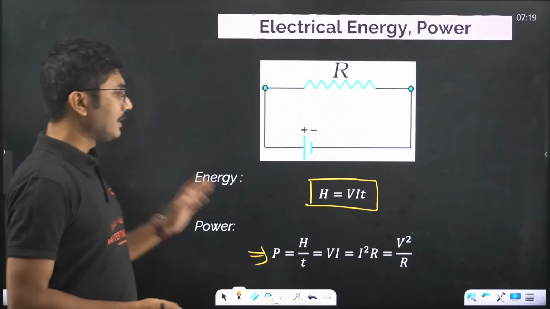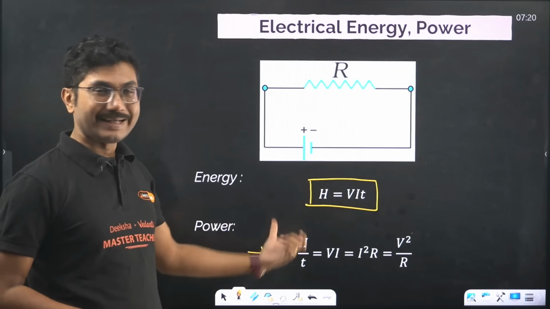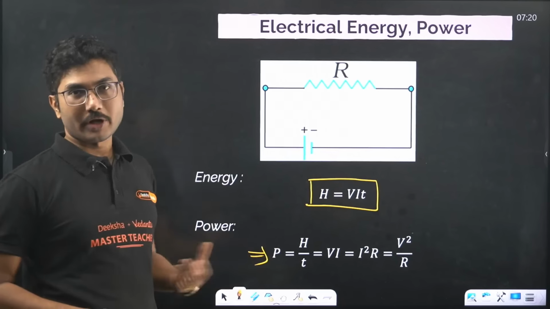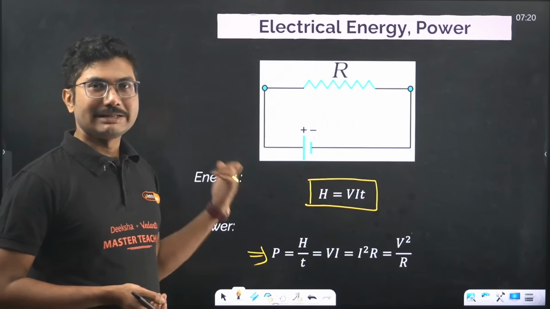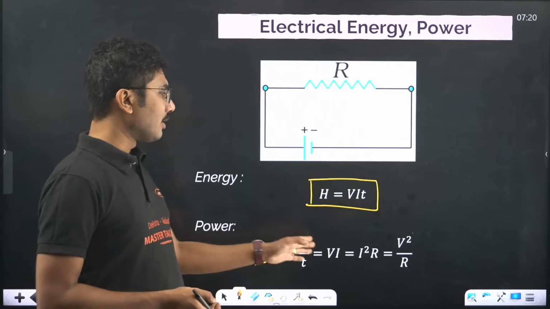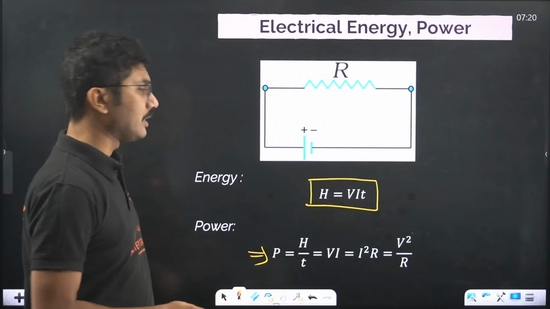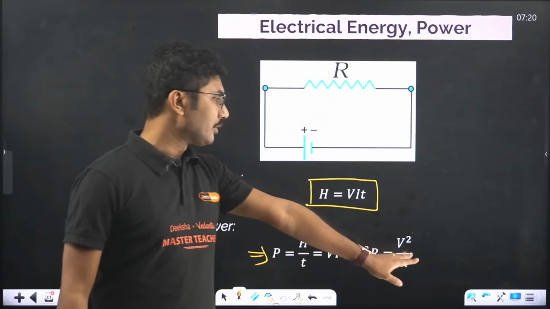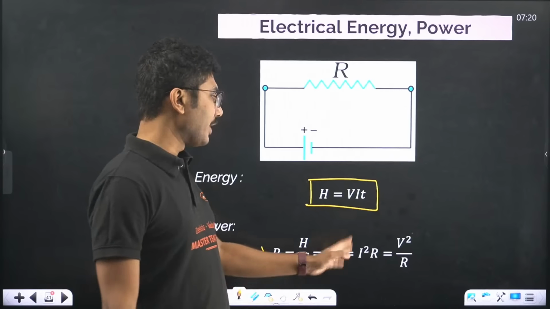Next, electrical energy. Energy is VIT, and power is VI. Other formulas are I square R and V square by R. Based on the case, we might use these, because remember, resistance for a given circuit is constant, voltage and current are not.